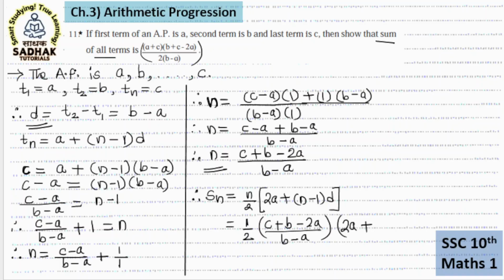See what we had: Tn is equal to A plus (n minus 1) D.